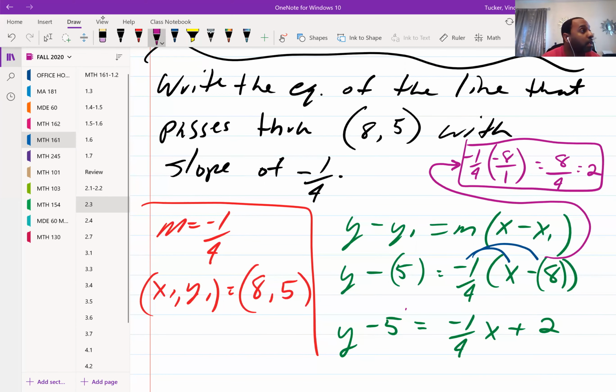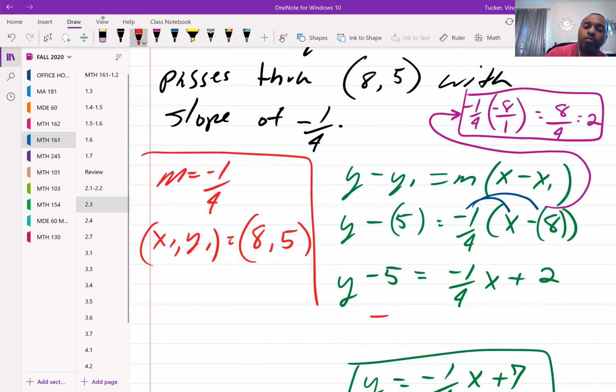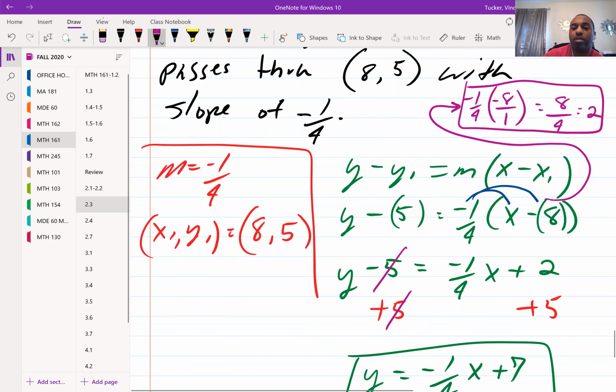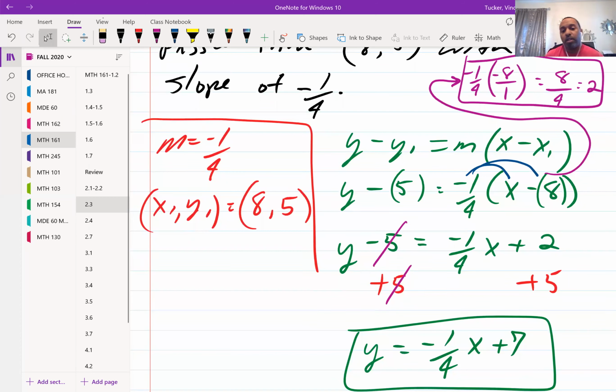So negative 1/4 times negative 8 over 1, just multiply across, that'll give you a positive 8 over 4, which is 2. So now we're looking at y minus 5 equal to negative 1/4 x plus 2. Now to finish the problem off, we'll add 5 to both sides. The 5's cancel. And that gives us y equal to negative 1/4 x plus 7.